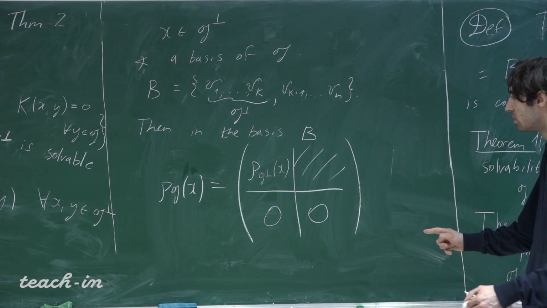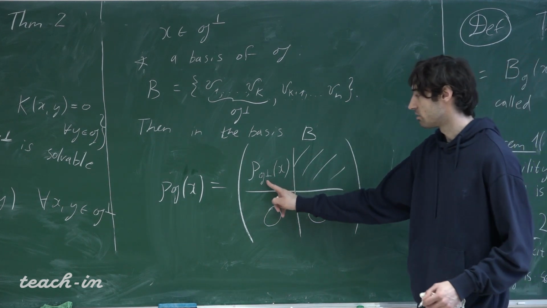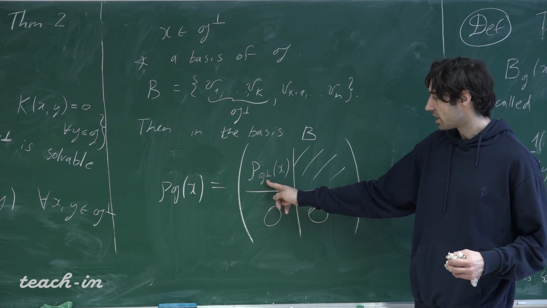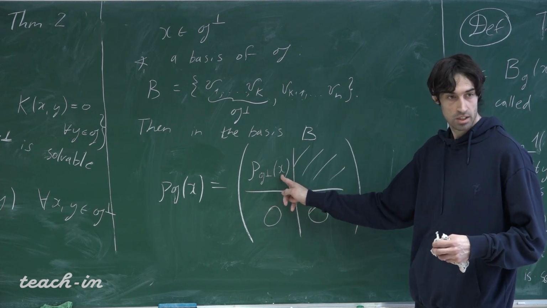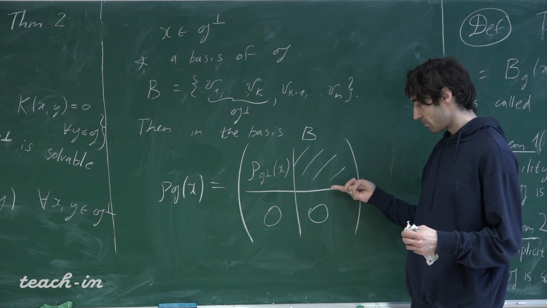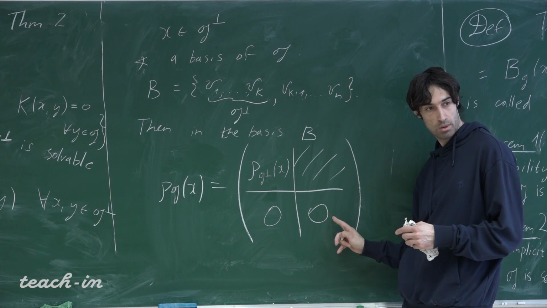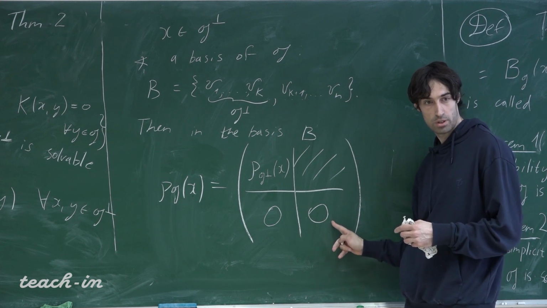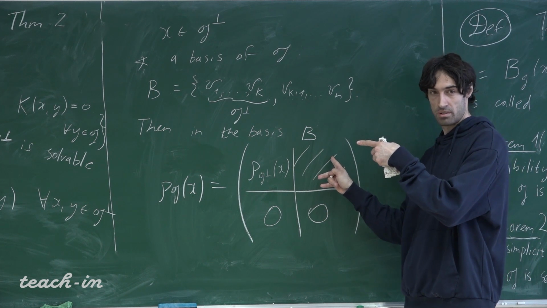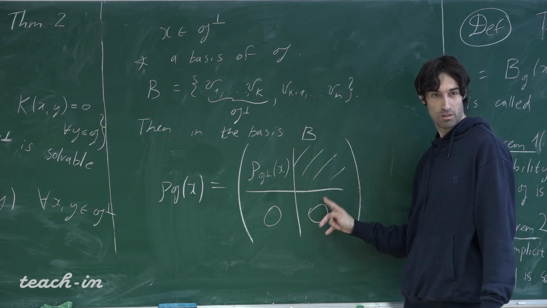Why is that true? This is because G orthogonal is an ideal. If I take x and commute with something from outside the ideal, it jumps back into this ideal. Okay, so that's why you have 0 here.